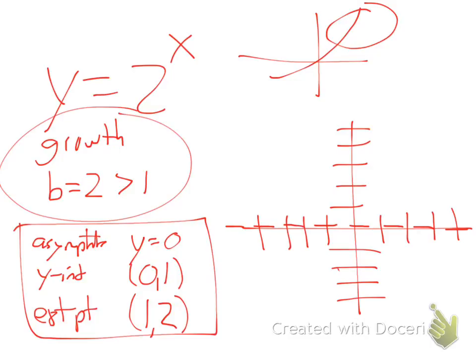So that means I'm either on top or I'm on the bottom. Y-intercept at 0, 1. And we have the point that's on the tail at 1, 2. What's the only way to connect those two dots so I can't cross the dotted line? So it's going to start low and go up like this.